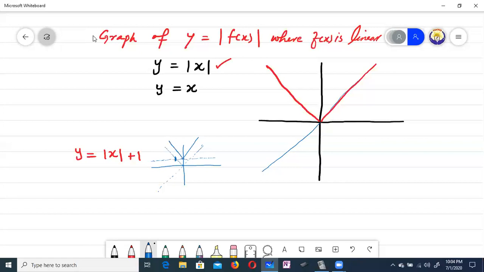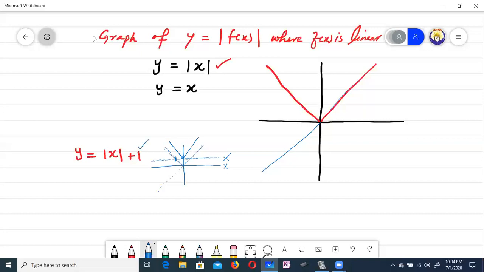Same graph will be there as of y is equal to modulus of x, but it will be along new x-axis y is equal to 1. This new translated x-axis. This is the actual x-axis, this x prime, you can say this is the new x-axis.